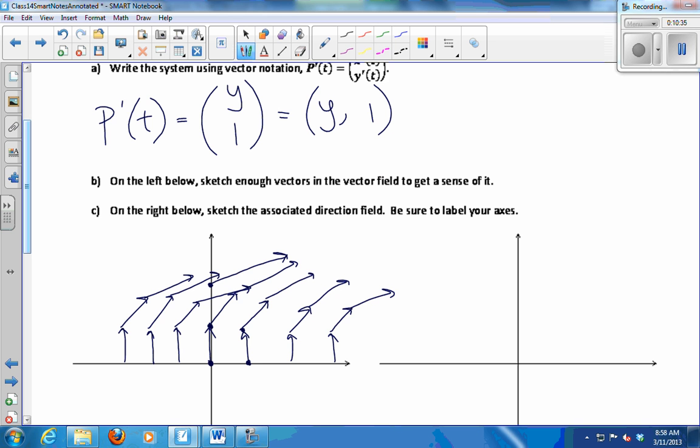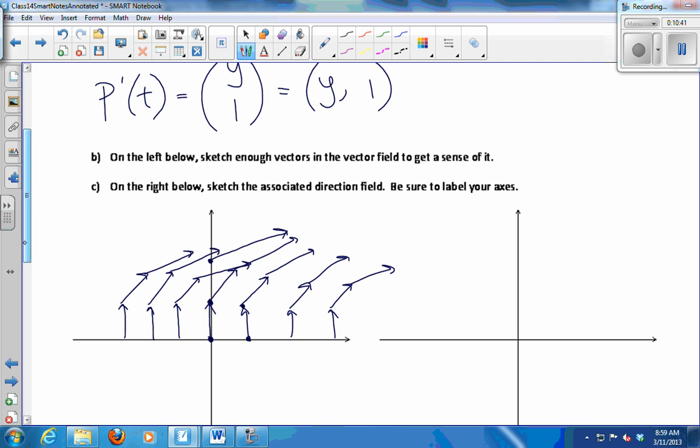Getting kind of messy. Maybe I'll do a couple negative ones just to get a sense of what happens below the x-axis. So let's see, 0, -1. 0, -1 would be -1, 1. So I would go left 1, up 1, and get a vector like this.